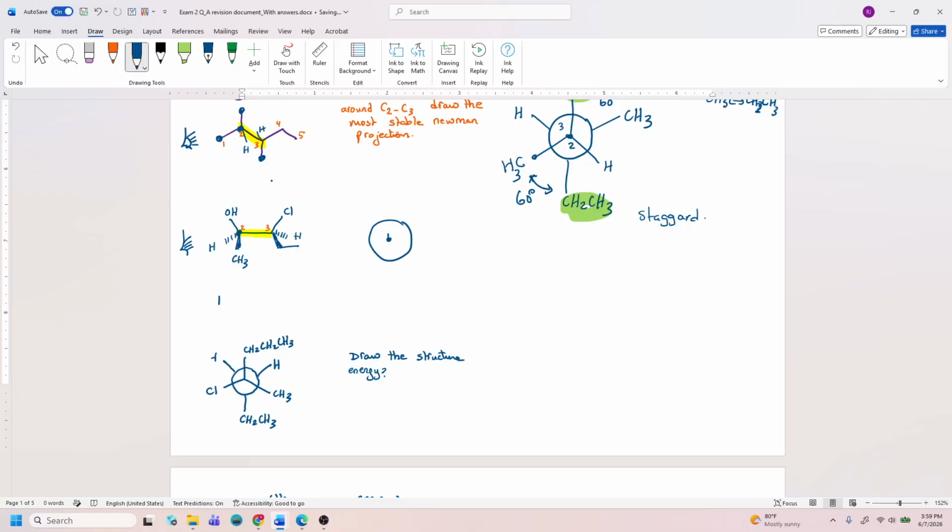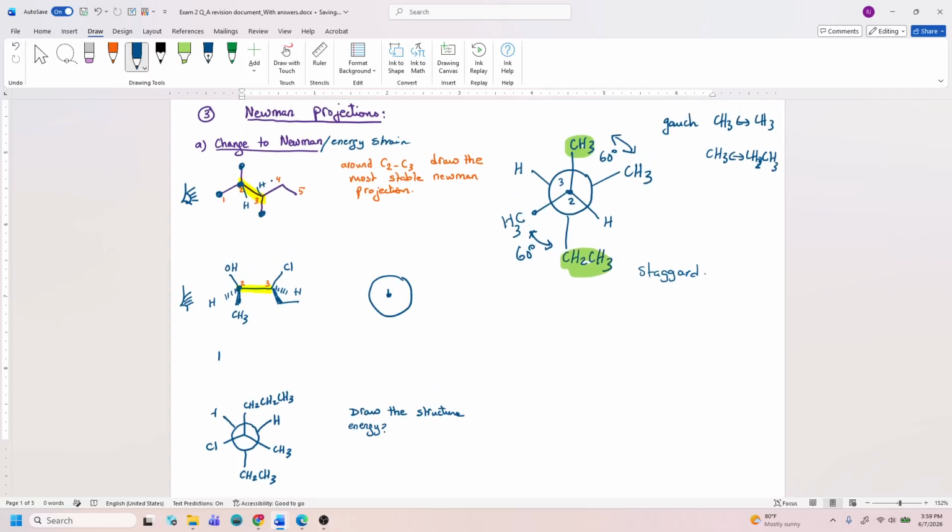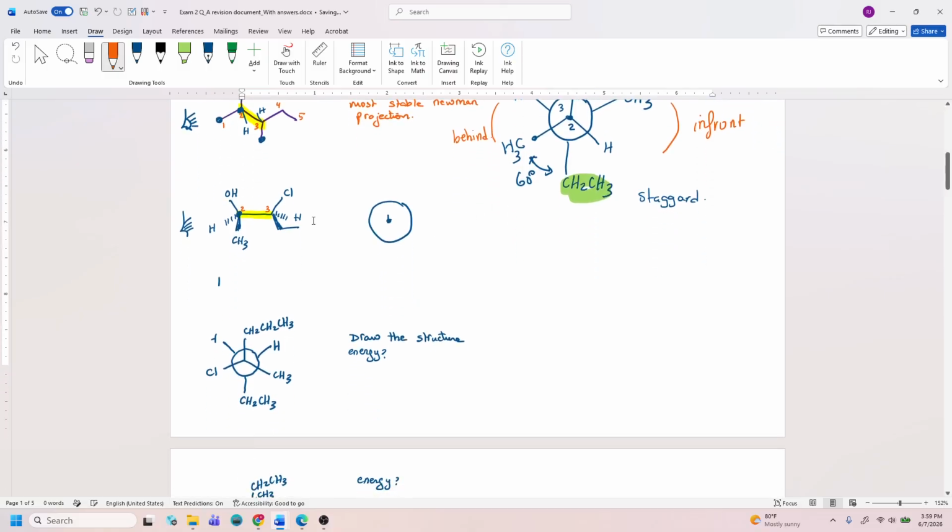It is in plane versus the CH3 versus the hydrogen. Remember that anything which is on the side makes it a little bit easier: anything on this side is in front, and anything on this other side is behind. That will make it a little bit easier whenever you want to change this.